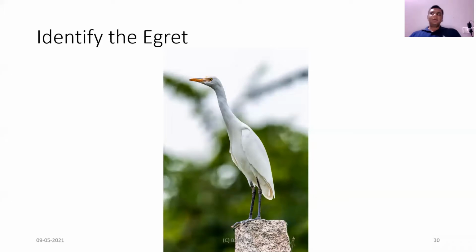I heard a couple of people mention cattle egrets. Any other opinion? Intermediate. Okay. Yellow beak and black leg.